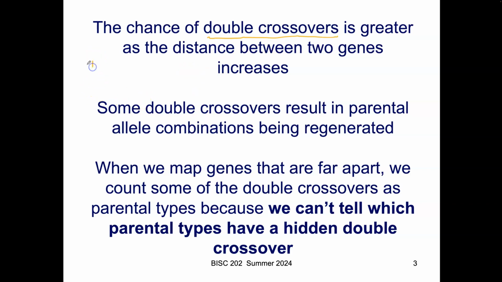So if you have 2 genes close together on a chromosome, there's a certain chance of there being a crossover between them. But because there's no set locations for crossing over to happen, the next crossover doesn't necessarily take place over here. It could take place close by.